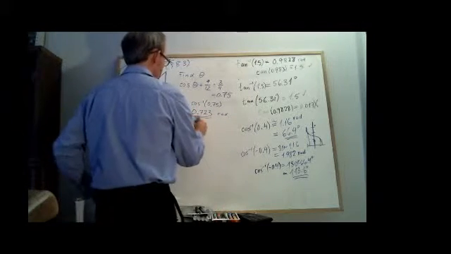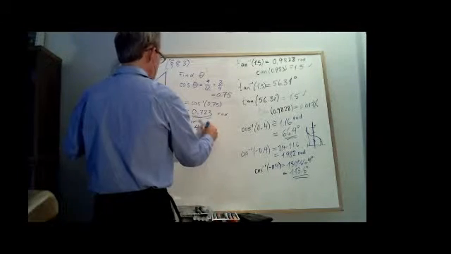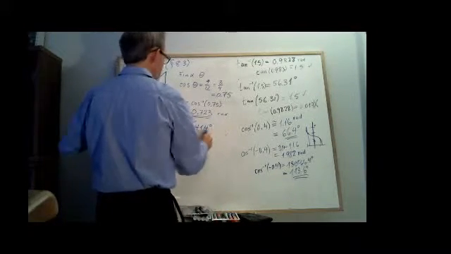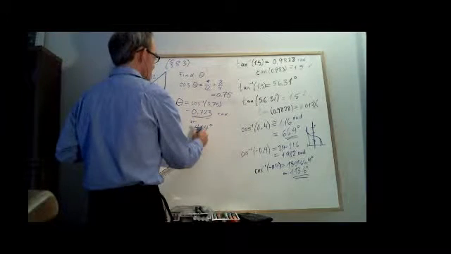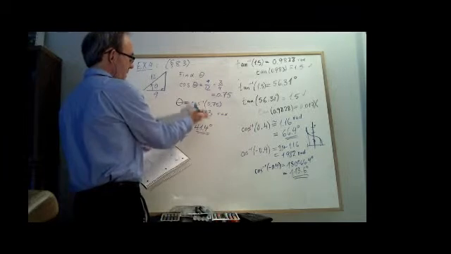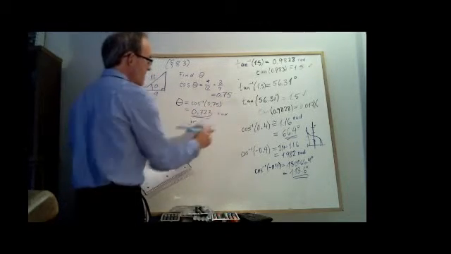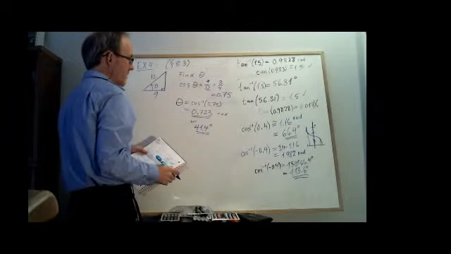Or if you do it in degree mode, it comes out as 41.4 degrees. So either of these answers is acceptable as long as you use the right units, radians or degrees. If you don't include units, I'll assume you mean radians.